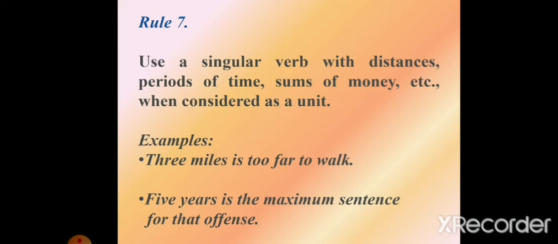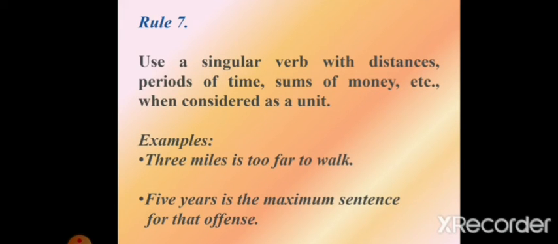The next sentence: "5 years is the maximum sentence for that offense." 5 years is one period of time, and it is the maximum sentence, the prison sentence, in the jail. So it is one period of time and has been taken as a singular.